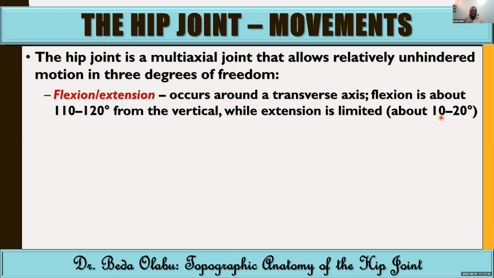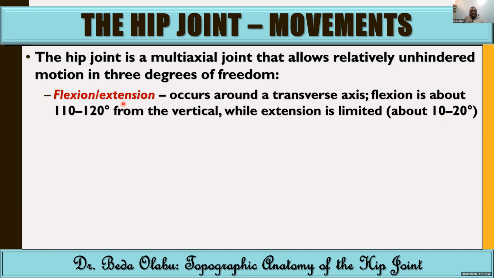anteriorly in hip flexion. So which muscles cause flexion at the hip? There are many muscles, but perhaps the chief one is the iliopsoas unit, assisted by rectus femoris, sartorius, tensor fascia lata, pectineus, and the like.